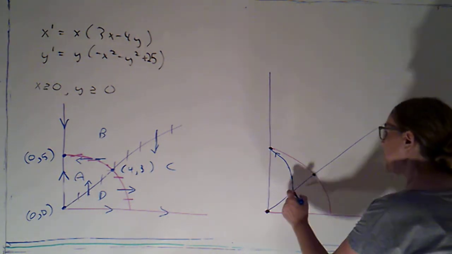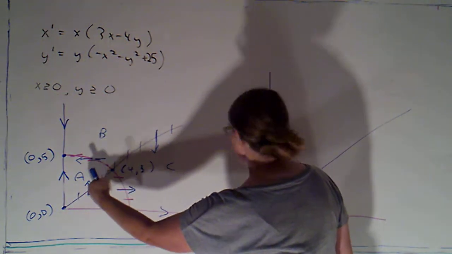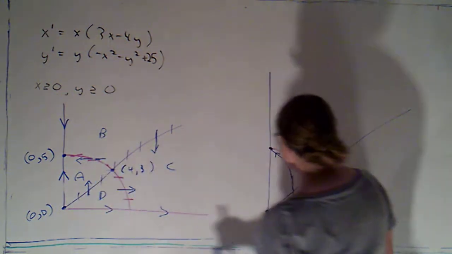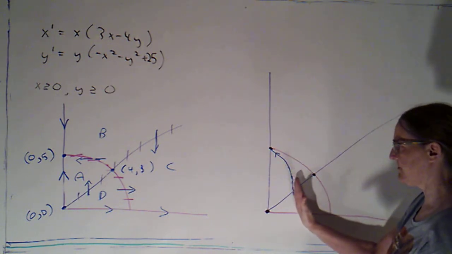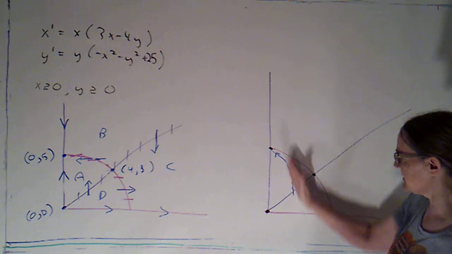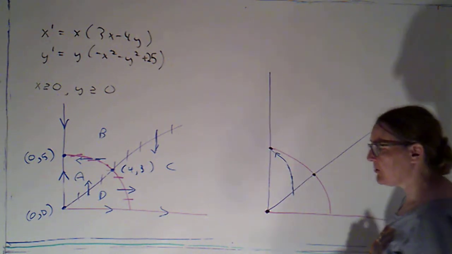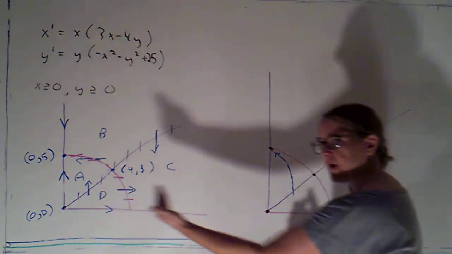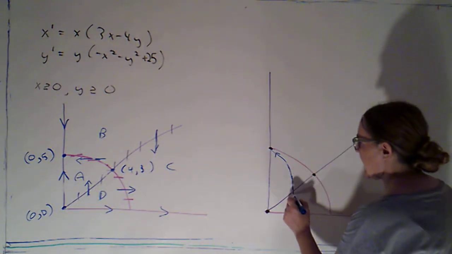Okay. So once I cross here, once I'm into D, now I need to recognize that here I'm following this curve backwards in time, because this curve was oriented this way. So where would this have come from? If in D I'm going right and up, following time backwards, I'd be going left and down.